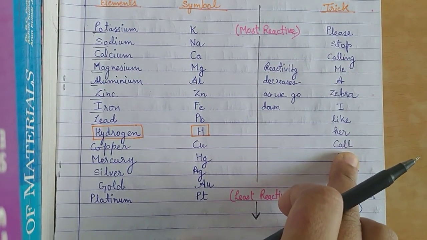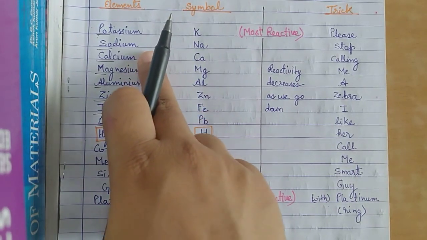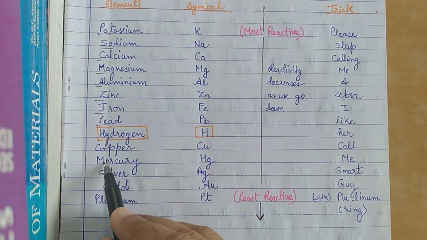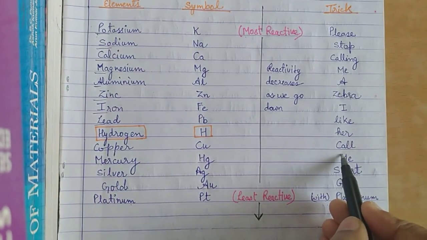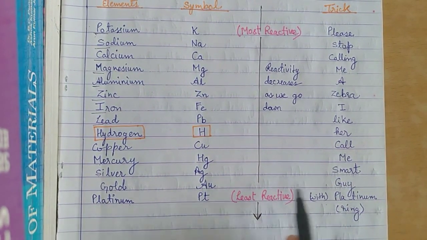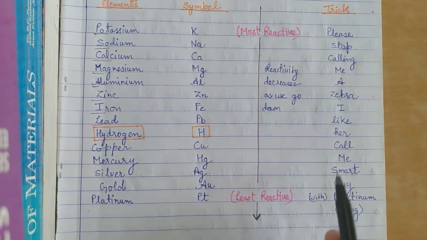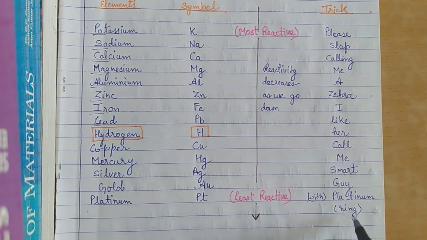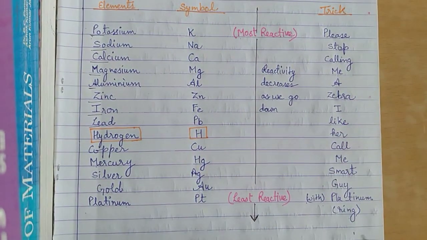Okay, so this minor thing you have to pay attention, that upper C is here for calcium and lower C is for copper. Next is M for mercury, it is me, S is for smart, G is for guy, platinum is platinum. The width and ring are just made to complete this trick statement. So width and ring, that's why I have put in the bracket. It's not there in this list.